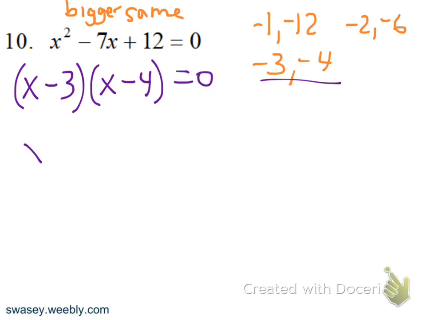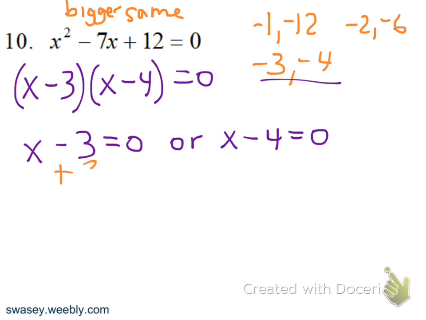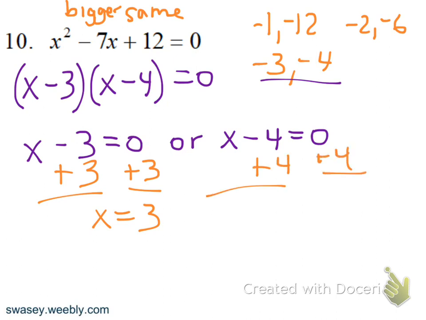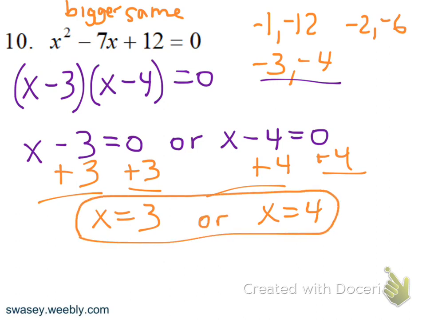Product equal to 0, set each factor equal to 0 and solve. Add 3, you get 3, add 4 to both sides, and you get 4. So two solutions, 3 or 4.